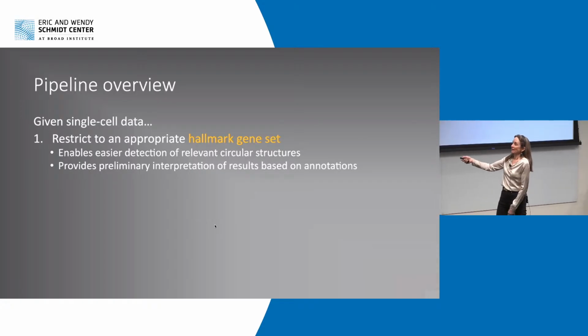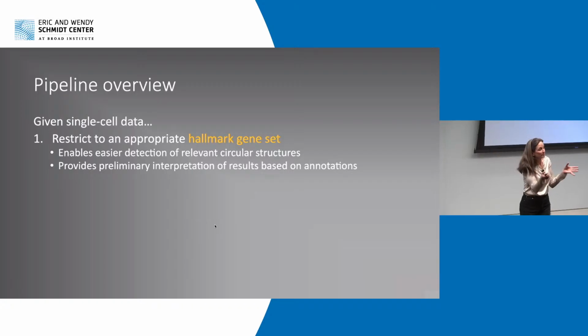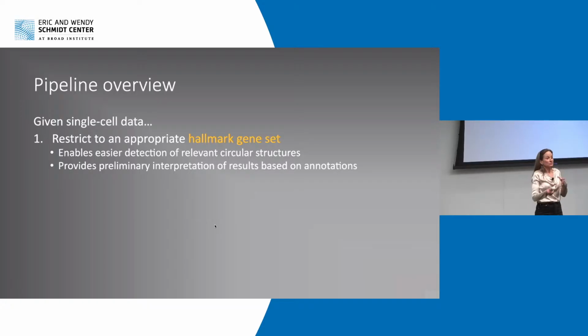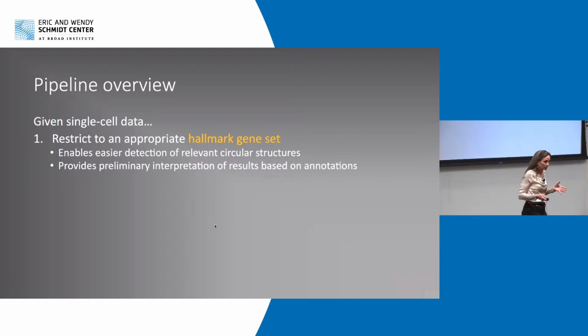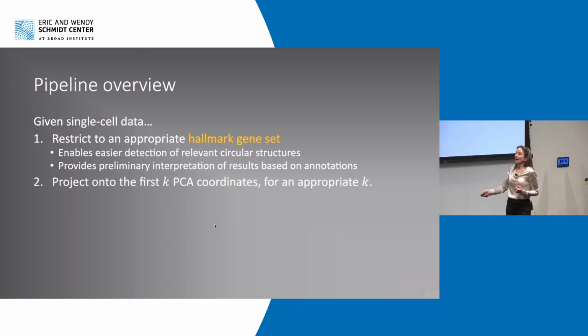So if we're thinking about a particular kind of problem, then we should restrict to maybe these 100 genes or these 200 genes. That makes it easier for us to detect the circular structure we're looking for and gives us some interpretability in the bargain. From there, we're going to simplify even further.